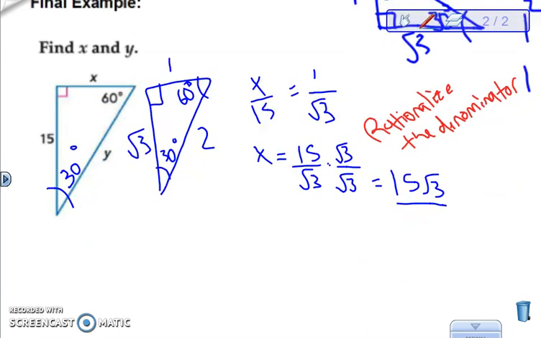Root 3 times root 3 is root 9, which we all know is just 3. And then 15 divided by 3 is 5. So the most simplified version of this answer is 5 root 3.